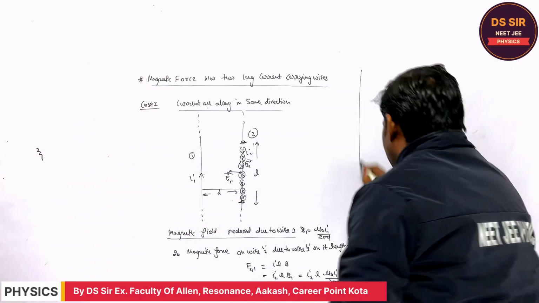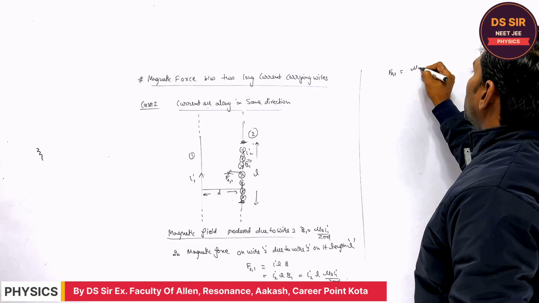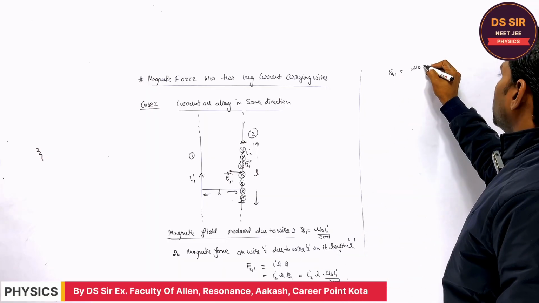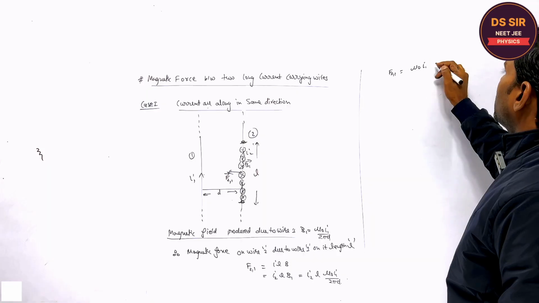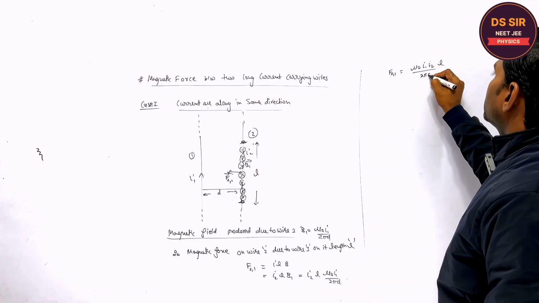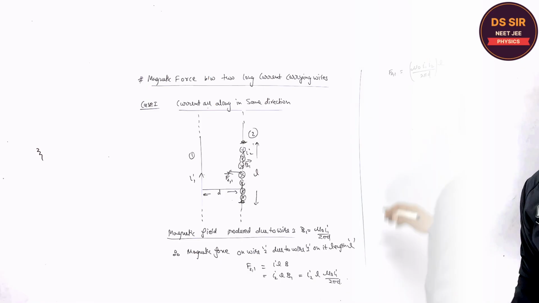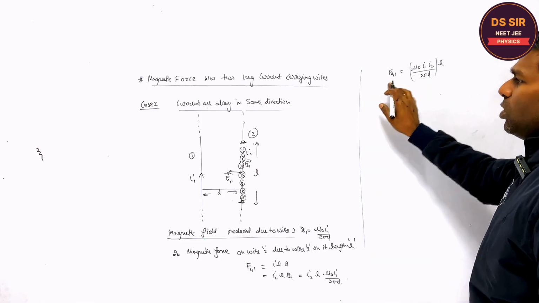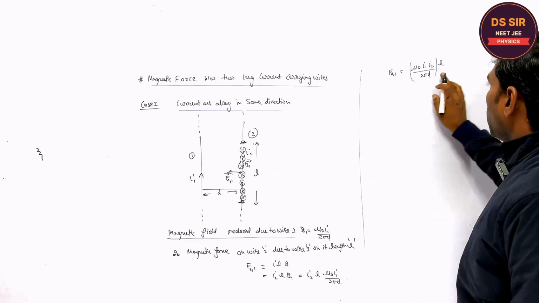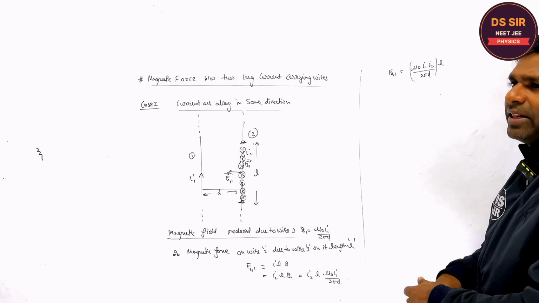Now it may be simplified. F2,1 is equal to mu naught I1 I2 L upon 2 pi d. Is it clear or not? Copy this. So this is the force on wire 2 on the length L, but they don't ask the force on the length.